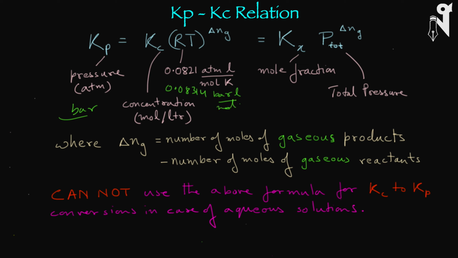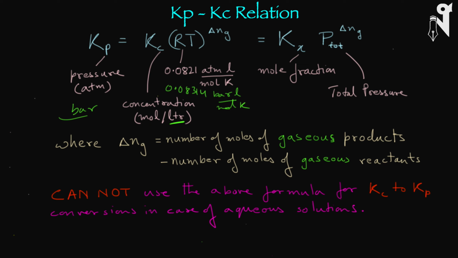So mind you, your concentration will always be in moles per liter. Liter is not an SI unit, right? But moles per liter is what you'll be using almost all the time for concentration.